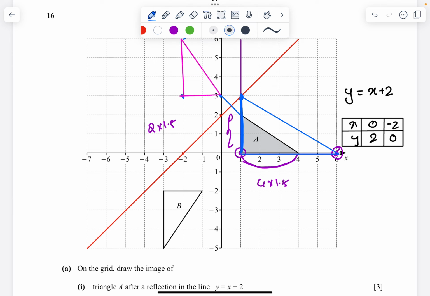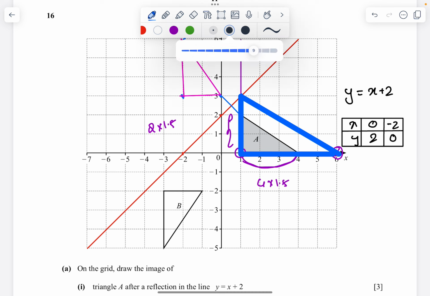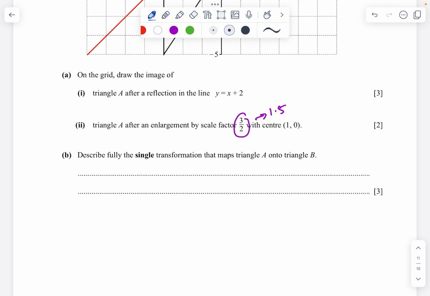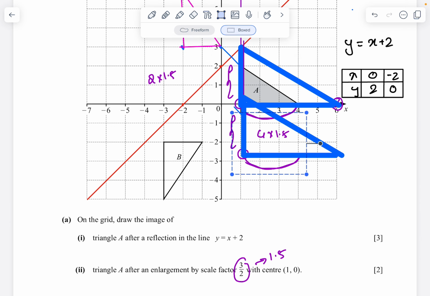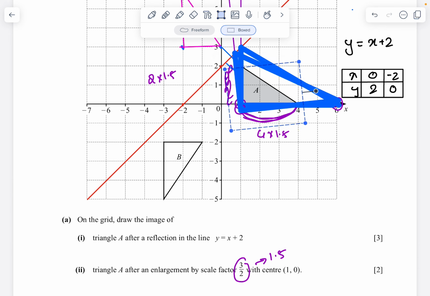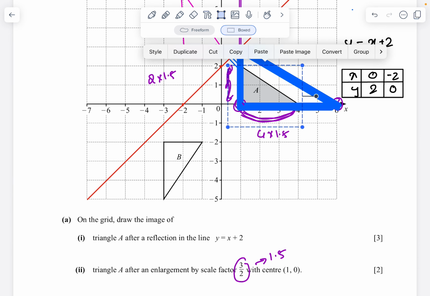So let me draw it out much more. This is going to be the triangle. Draw fully single transformation that maps A onto B. So we can see what's happening to A onto B. Copy and paste over here, bring it over here. Then I want the triangle.